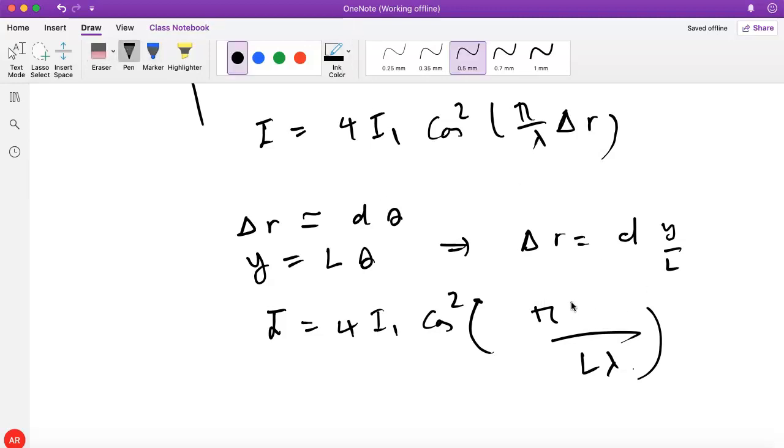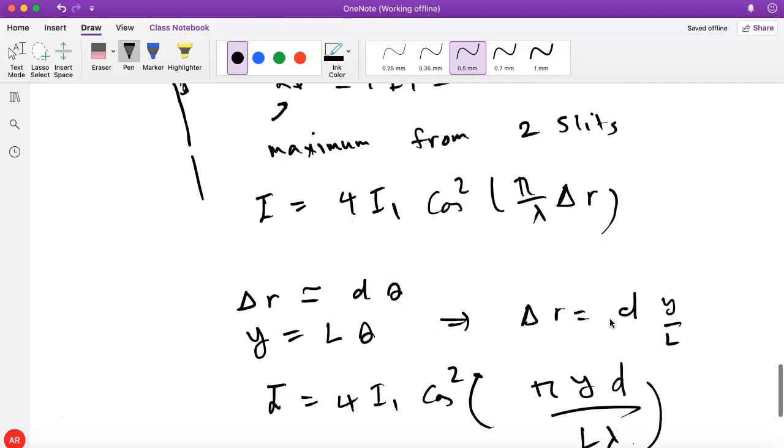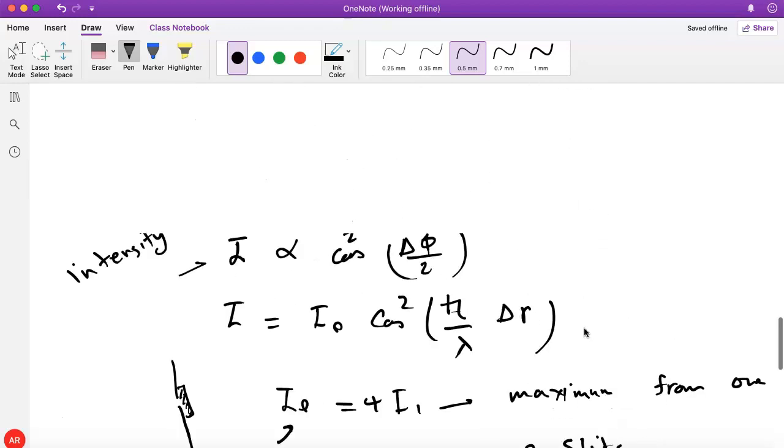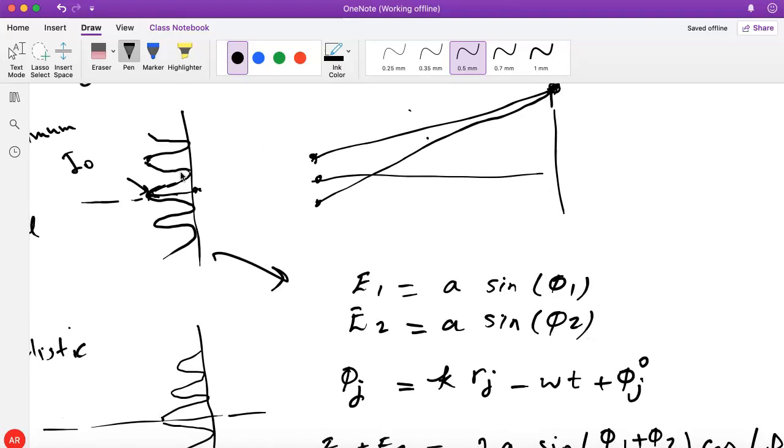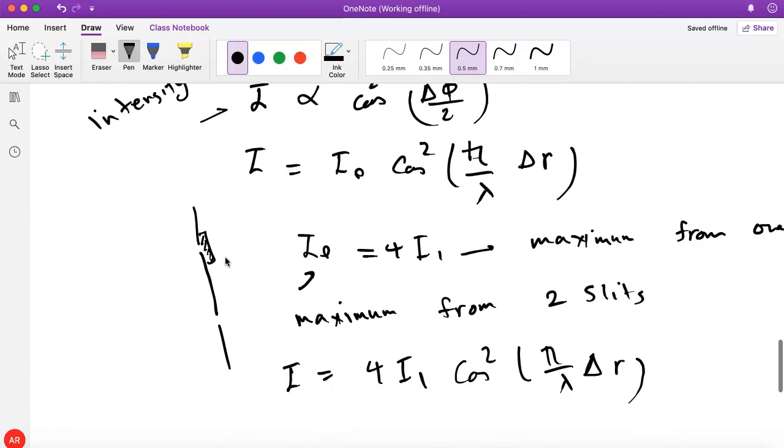Let me write it as y times d. These are all lengths, and they multiply one another. So at some arbitrary distance from the center, y, we can know the intensity of light, and this is the shape of that curve that we predicted. It's a cosine squared kind of curve.